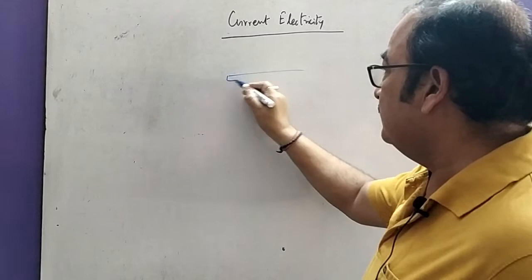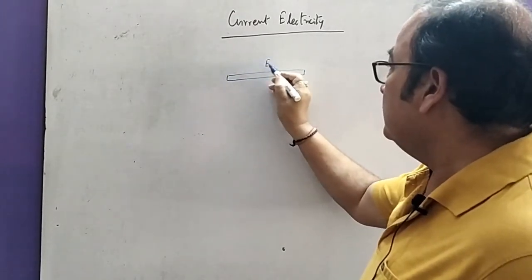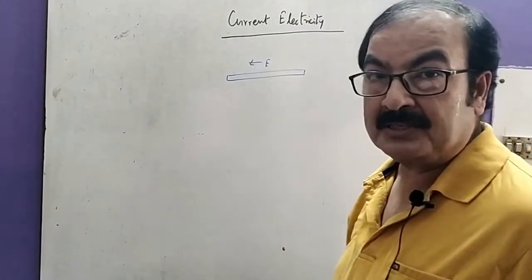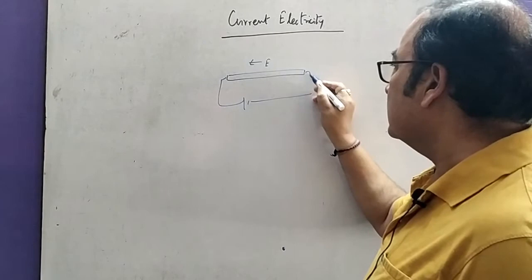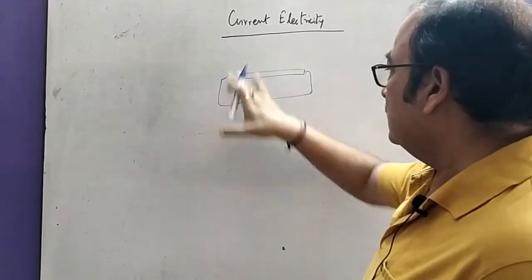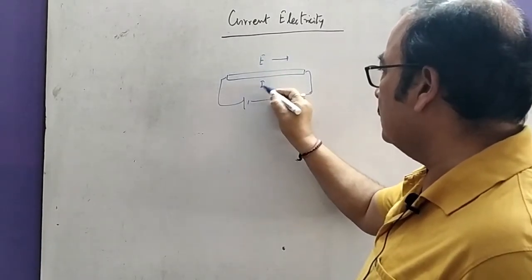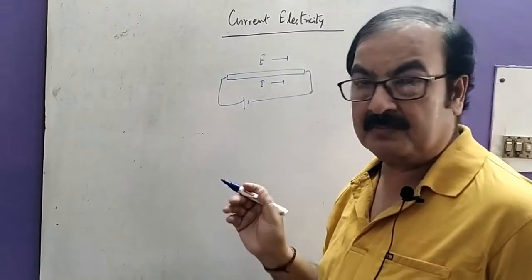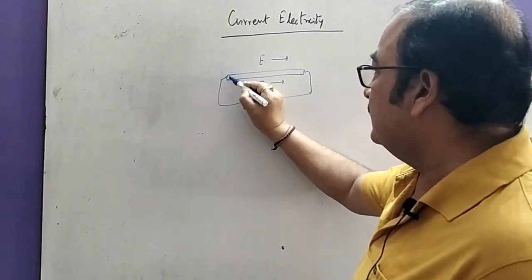Suppose it is a wire, and an electric field E is passing through it, maybe by means of some battery or whatever. The direction of current will also be in the direction of electric field. There is no problem in this.